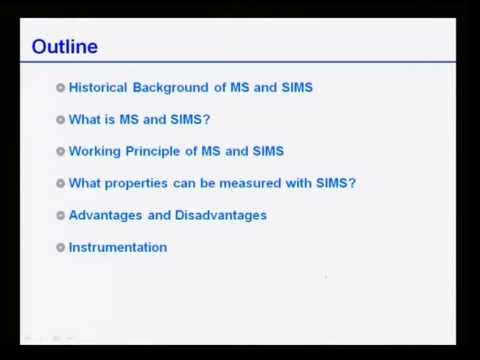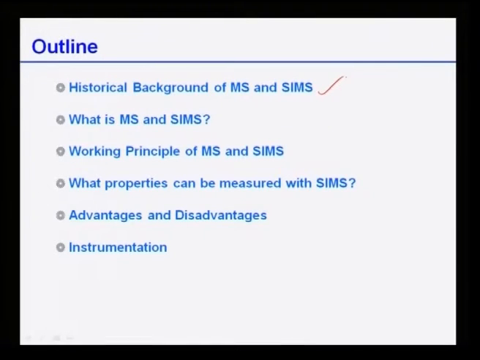The outline of this presentation is as follows. First, I am going to discuss the historical background of SIMS, but before that, I must talk about mass spectroscopy per se. Then I am going to talk about the difference between MS and SIMS, and what these two techniques are, so that you can get a feeling of mass spectroscopy and secondary ion mass spectroscopy.